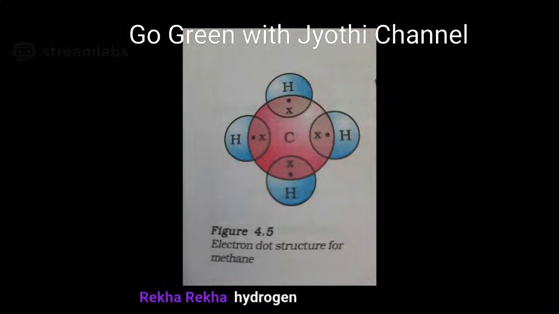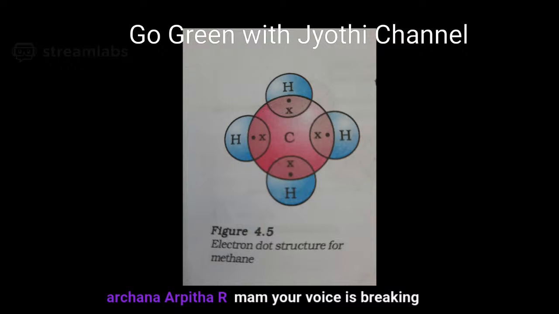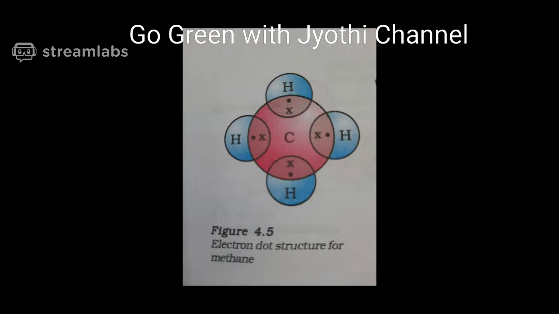So, this compound is called methane. At each valence electron, one hydrogen combines to form the formula CH4, one carbon with 4 hydrogen forming covalent bonds by sharing the electrons.